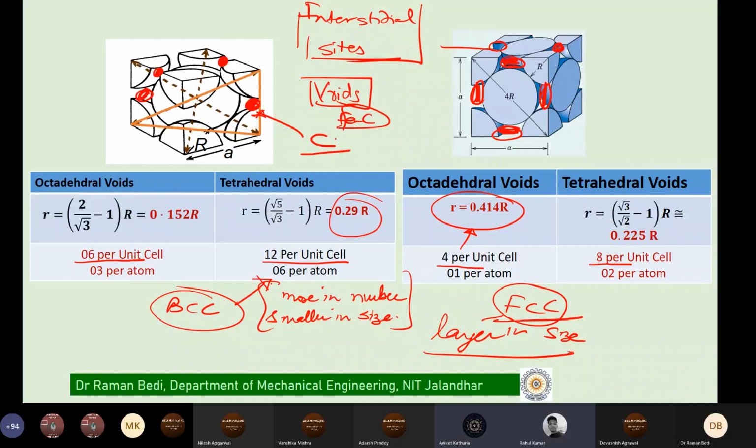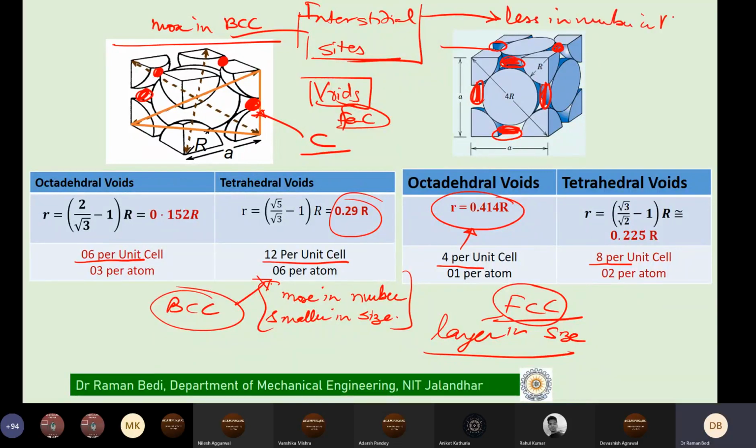BCC. Yeah, so the interstitial sites are more in BCC, but their size is less. That's what we saw here, that they are smaller. The interstitial sites are less in number in the case of FCC, but their size is larger.